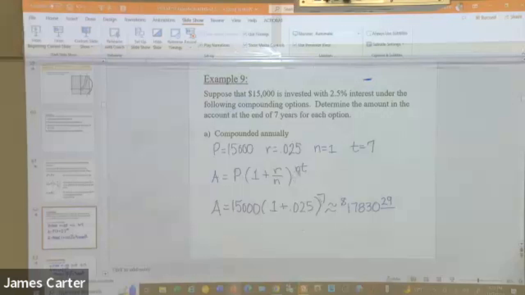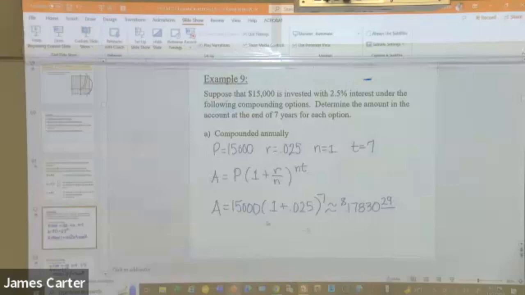Because N is 1 for a year, once a year. Daily, you have to put 365, but it said annually, so that would be a 1. And then for 7 years at the interest rate of 0.025, and this 1 plus is what actually adds within this equation to make the accrued amount grow.